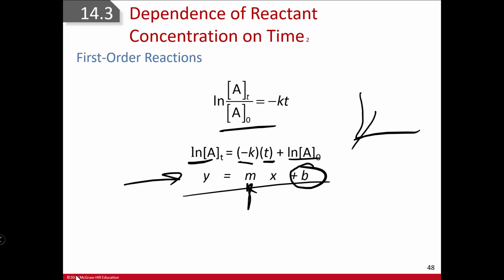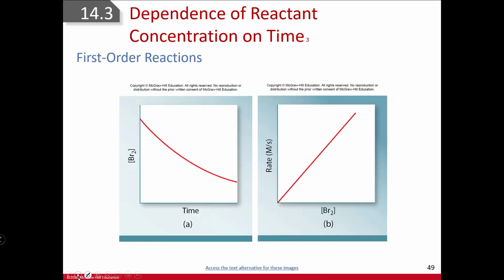Because we're looking at concentration over time. So you go, why do I need to know this? Because once you plot data, you should be able to tell me that it's first order. So if we have a rate which is first order, and we've seen this one before, rate equals the rate constant times the bromine concentration to the first order.